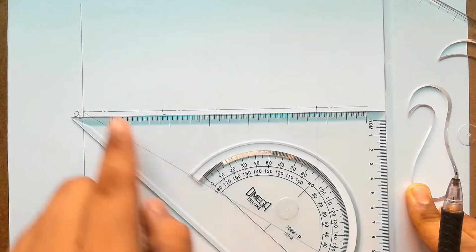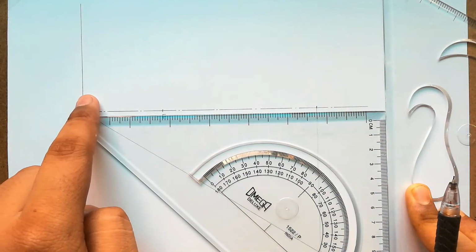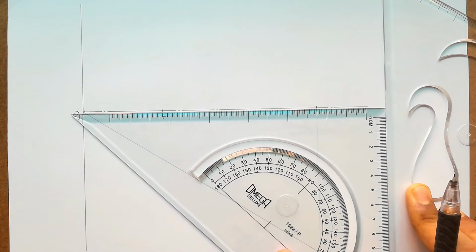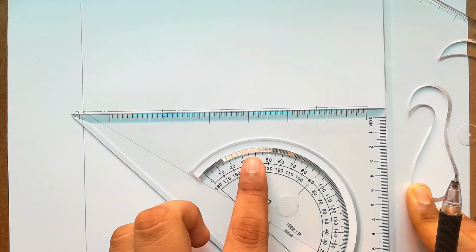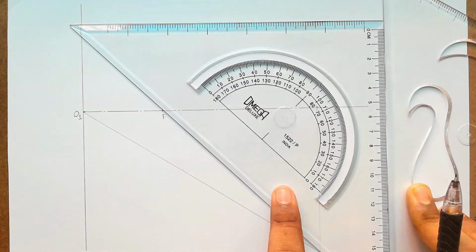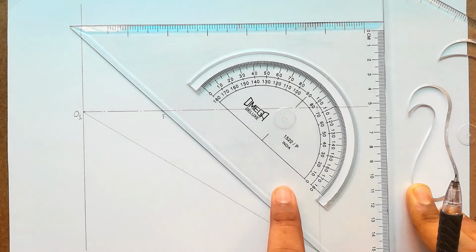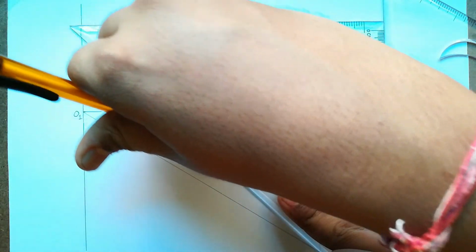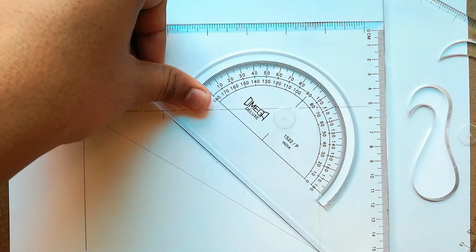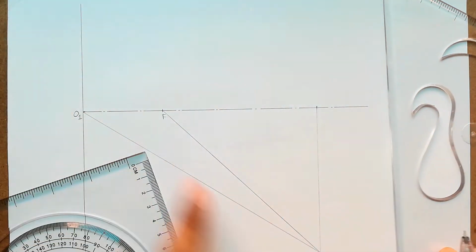This was my horizontal line from which I want to draw the 45 degree inclination. So I have taken that as a reference, and from that I am moving in an upward direction. So this is my 45 degree, and I will draw one line from this 45 degree. So this is what I have received.